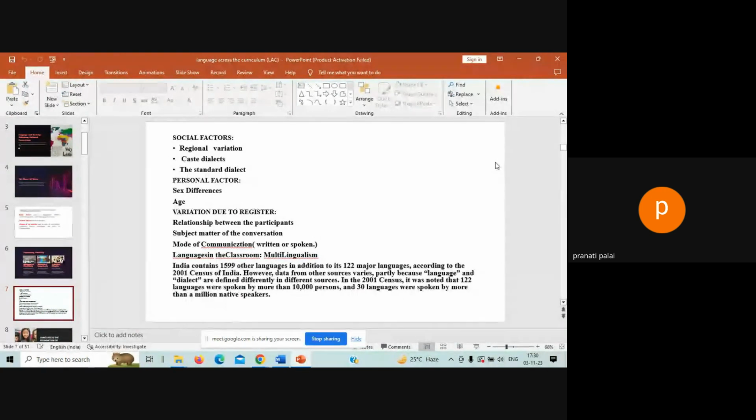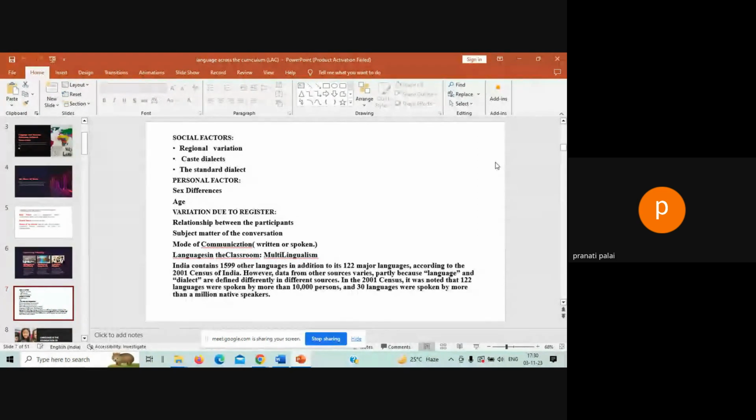Okay. So here are our social factors. That is regional variation, caste dialects, and standard dialect. I have discussed the above two, regional variation and caste dialects. What is the standard dialect? A standard dialect is a particular dialect that is codified and framed according to some rules and principles, so it is called a standard dialect.